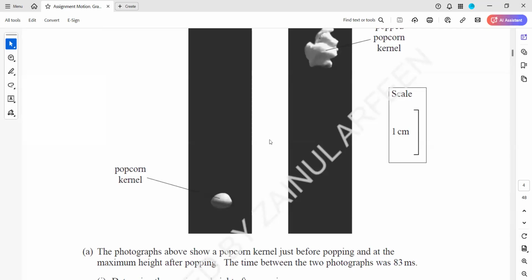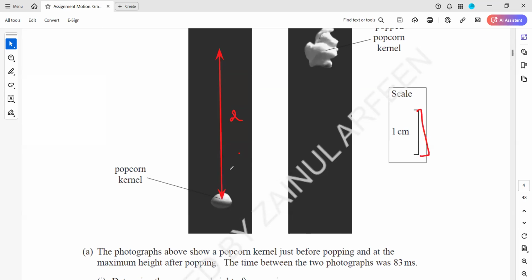So what you have to do, you can take a center position. From center to center, you measure the distance d, like using a scale.